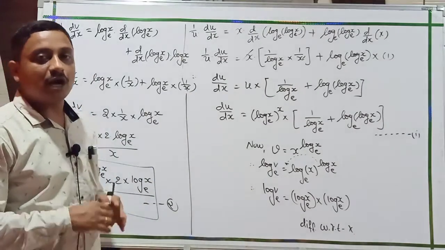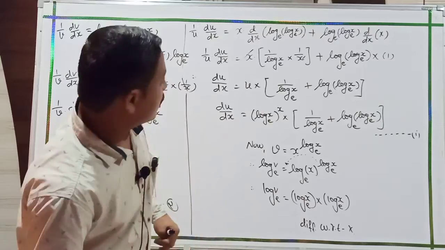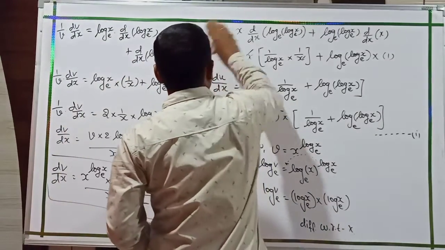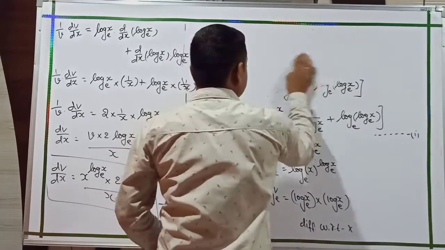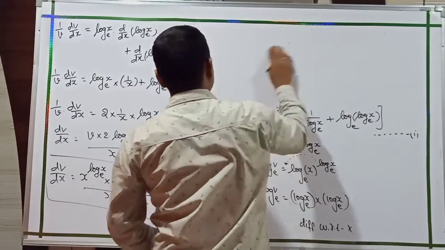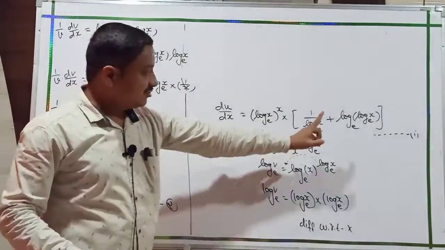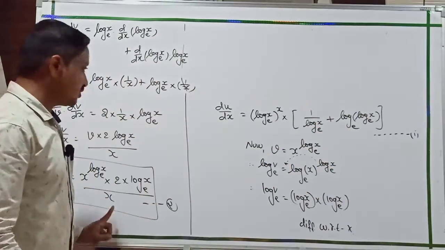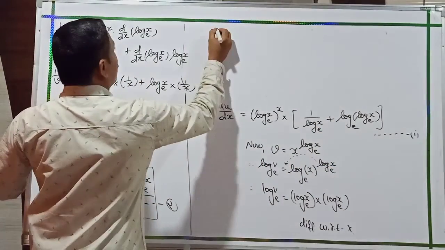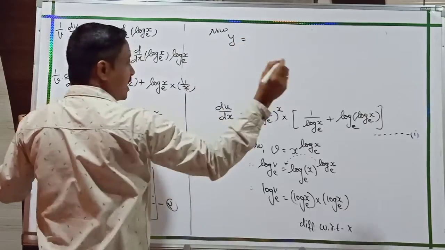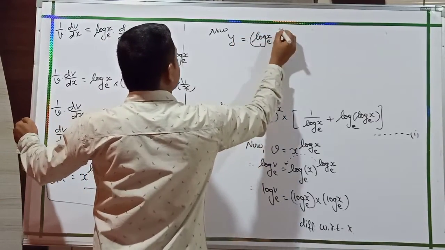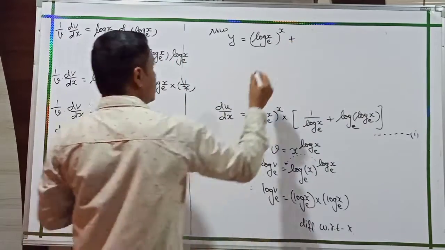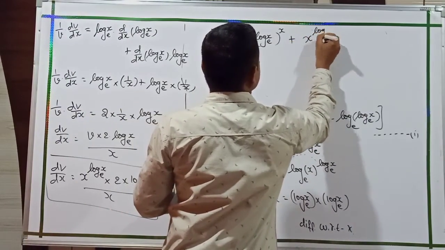And here you are done with your half sum. Now I finally move to your last answer. So what is the question again? Now you start with our final value, putting in equation 1 and equation 2. So now what do you get? Yes, the question is (log x)^x plus v, which is also x raised to log x.